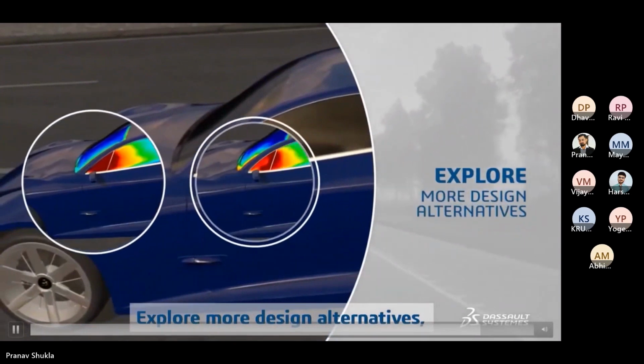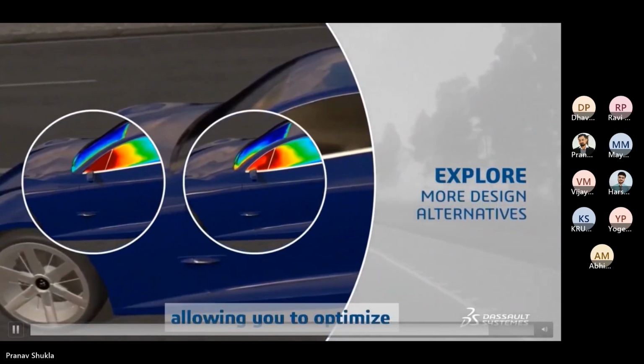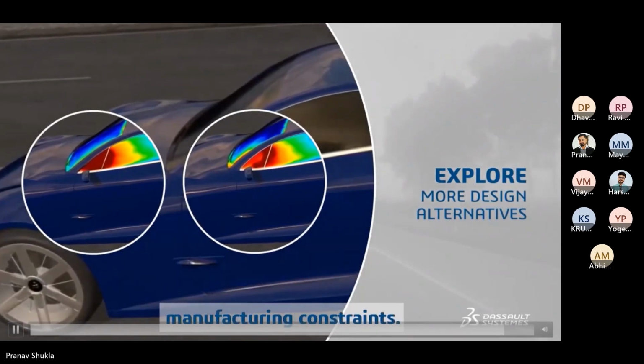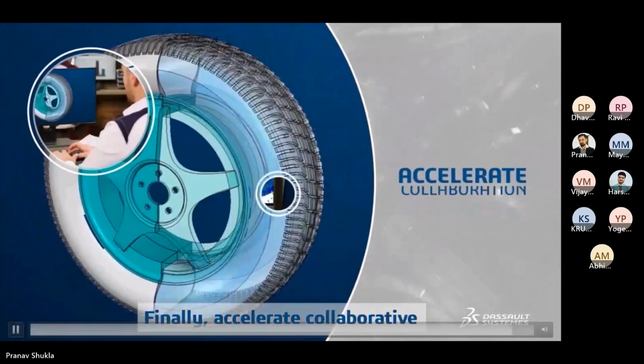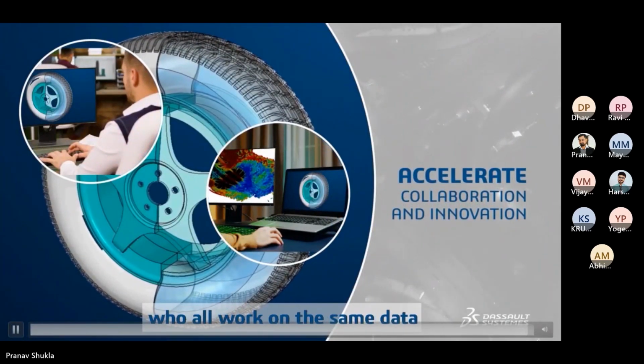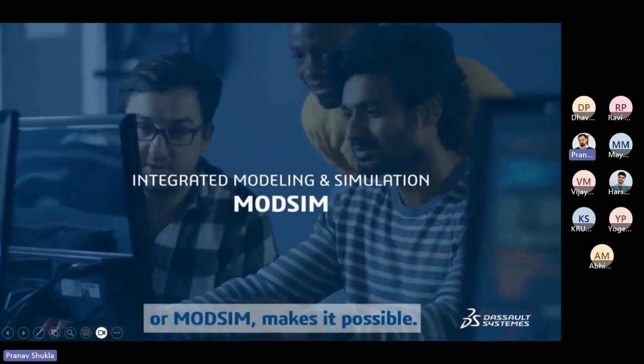Explore more design alternatives, allowing you to optimize the design to best meet functional requirements and manufacturing constraints. Finally, accelerate collaborative innovation across dispersed teams who all work on the same data in real time. Discover how, by experiencing your product with integrated modeling and simulation, you can deliver better products faster.